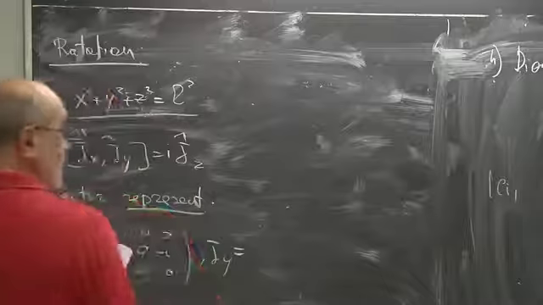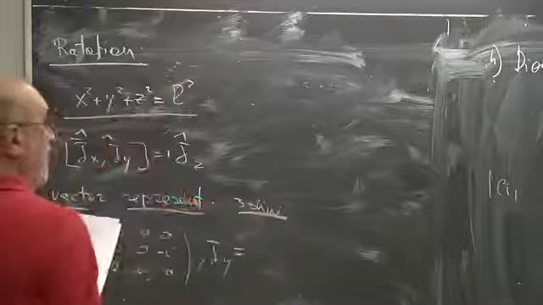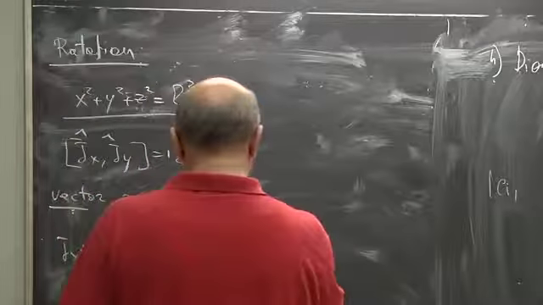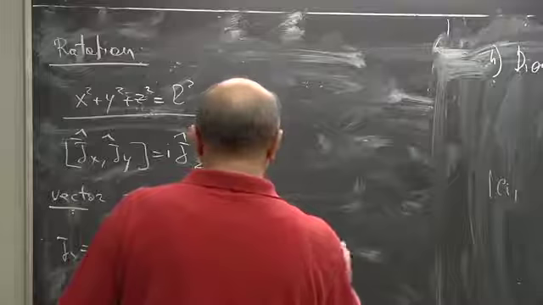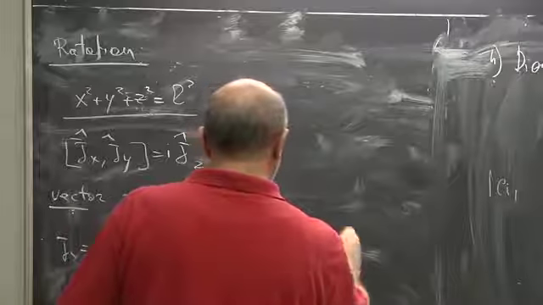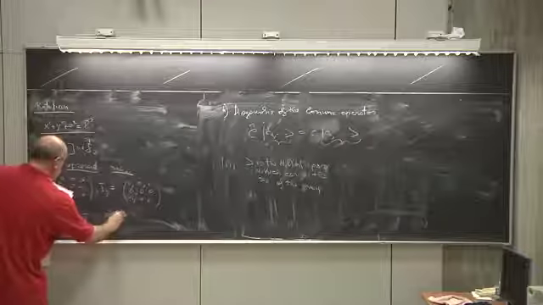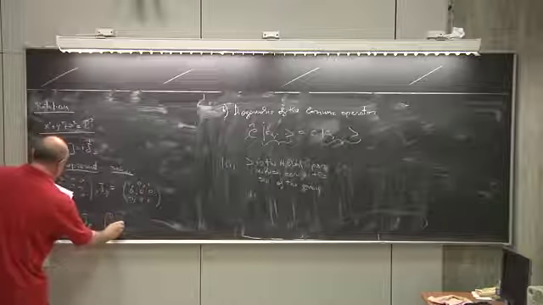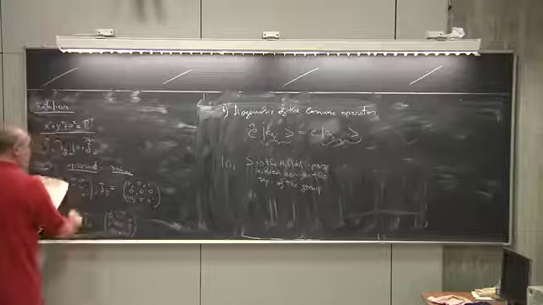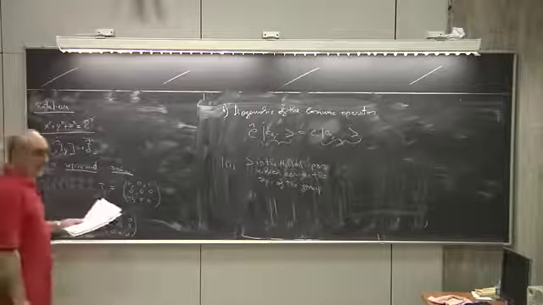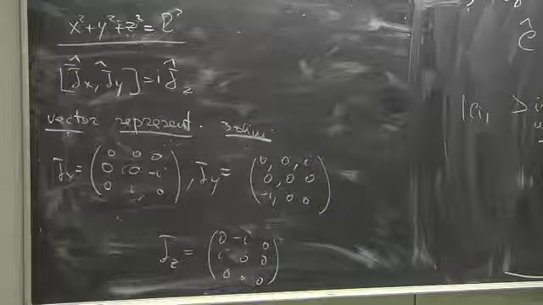This is the vector representation, so the 3-dimensional representation is only one among many. This is not the only manner to represent these three matrices, but if you check, do check, because I might have made a mistake, they satisfy the algebra written there.